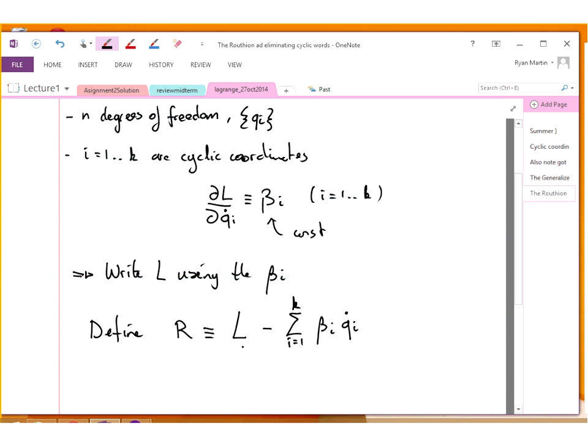And so this Routhian is a function of the q_i's, the q_i dots, the beta_i's, and t.